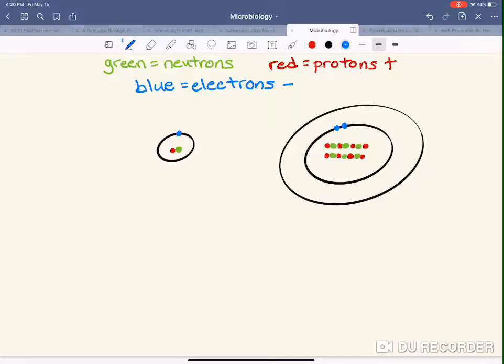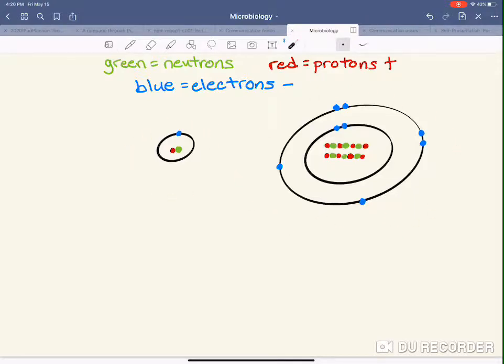And then on our valence shell, we're going to have 1, 2, 3, 4. Okay, how many do I have all together right now? Right now I have 6 electrons all together. So then we're going to have 2 and 2.